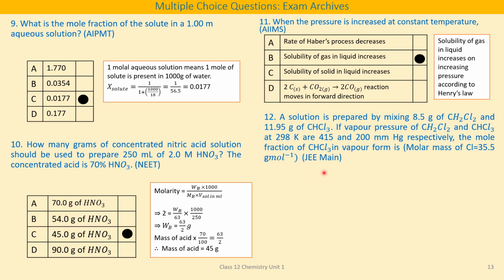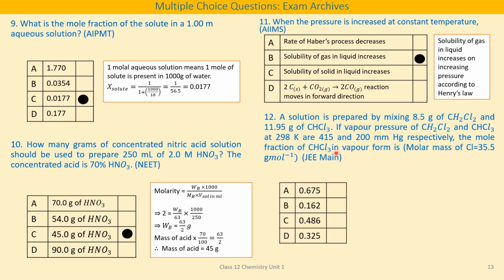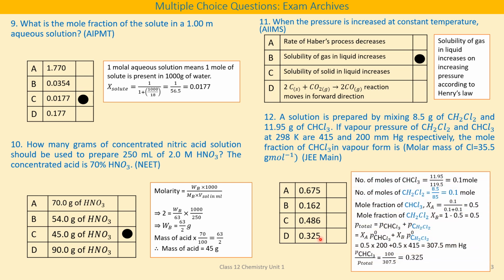So we have to find the mole fraction of CHCl3. Four options are given. A 0.675, B 0.162, C 0.486 and option D 0.325. So make some calculations.